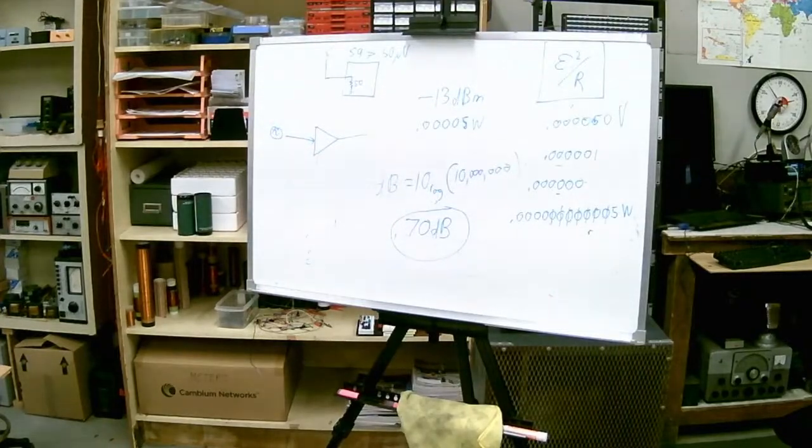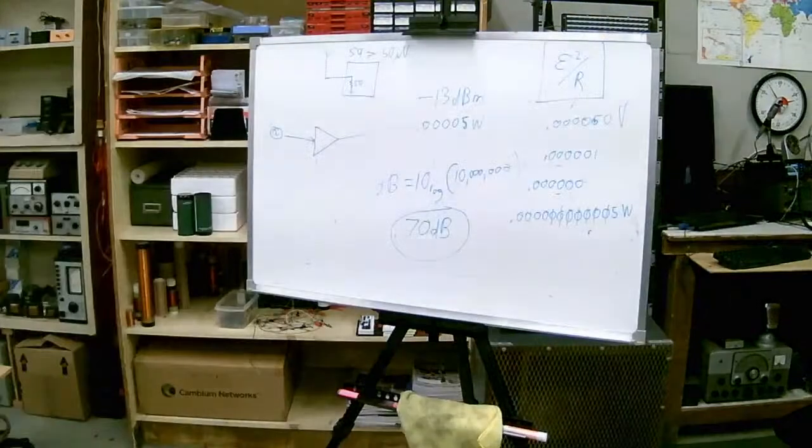Like the expansion of the population of rabbits. This is a regenerative receiver, and it just grows exponentially. 100 years ago, we did that 70 decibels of gain in one stage because very few people could afford more than one tube.